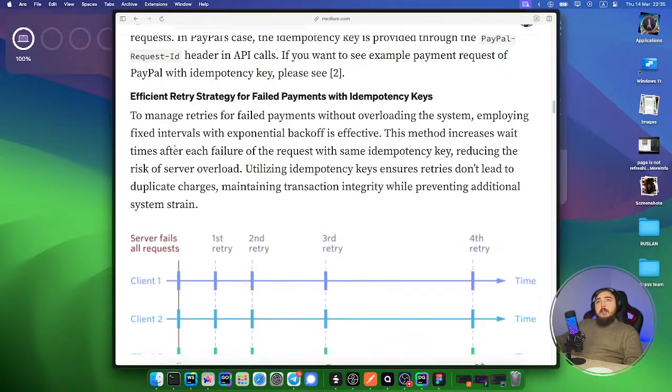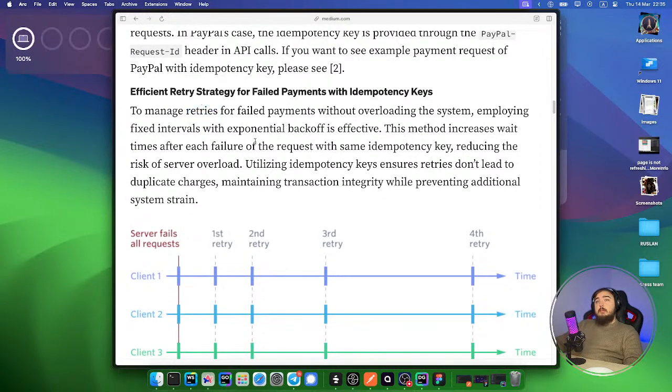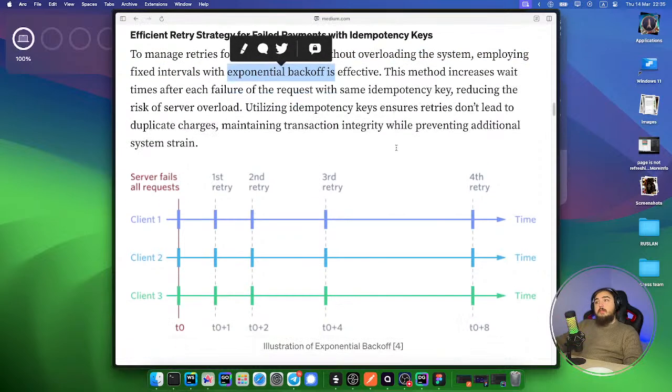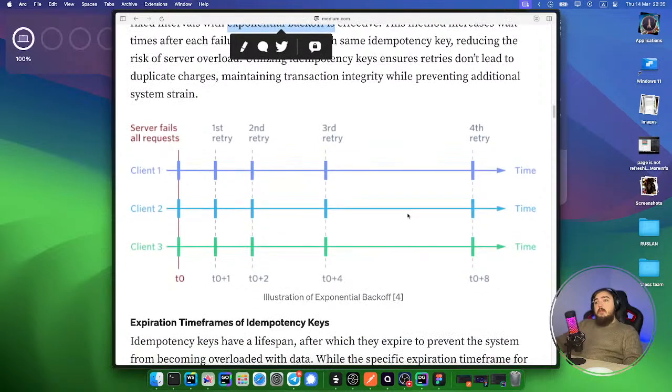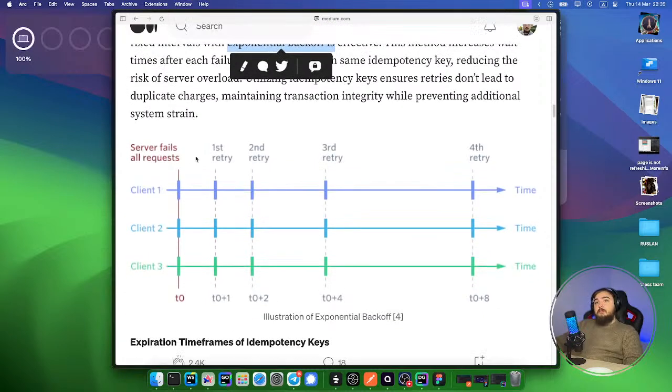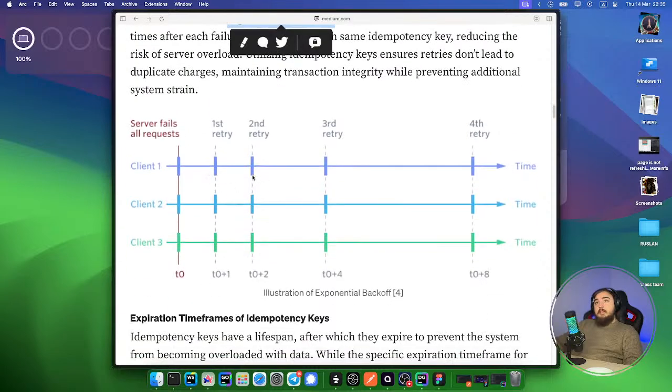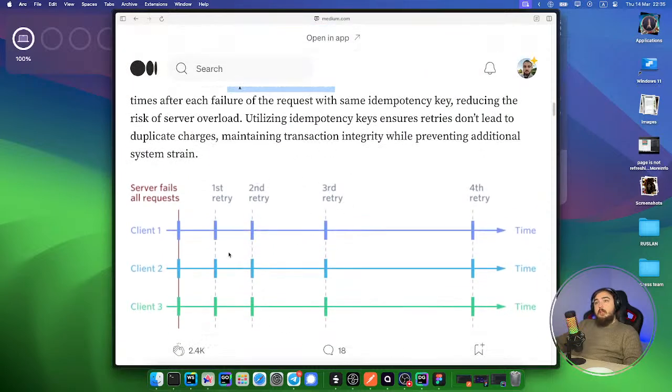Yeah. Efficient retry strategy for failed payments with idempotency key. To manage retries for failed payments without overloading the system, employing fixed intervals with exponential backoff is effective. Yeah, of course, it's basic stuff when you increase your time.